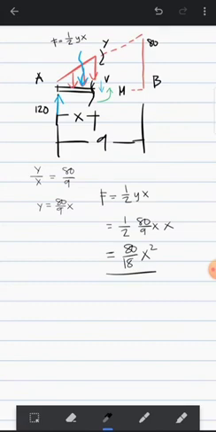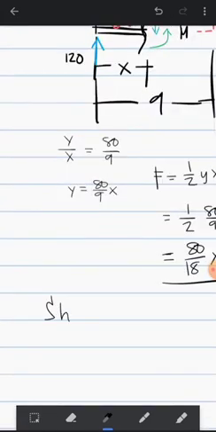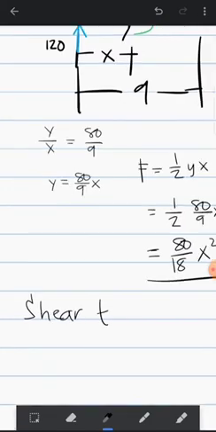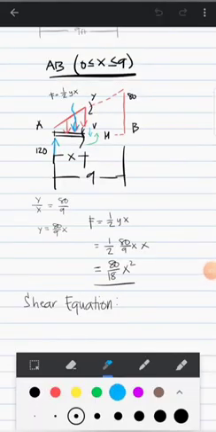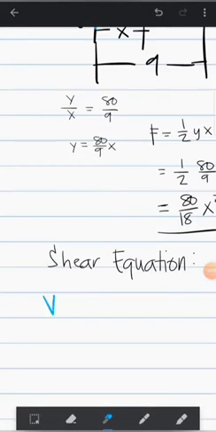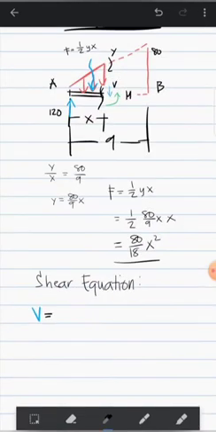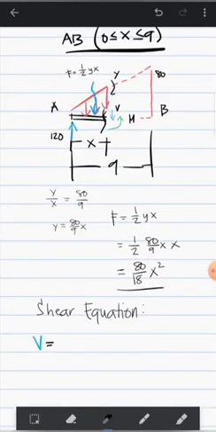So now that we have this force, we can now get the shear equation. So unsa may shear equation ani? So for shear equation, that's V. Ang ato ra dapat nga timan-an, since kabalo naman ta nga all the forces must sum up to 0.